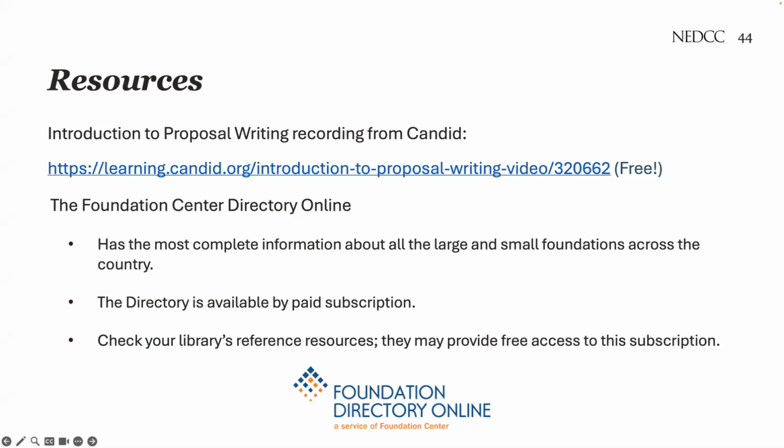All right, I'm ending with a couple additional resources that can help you along the way. This candid proposal writing recording is free. They do also have a paid course that's a bit more intensive, but the recording here is free. Aside from the grants we've recommended, you might check for funders through the Foundation Center directory online.